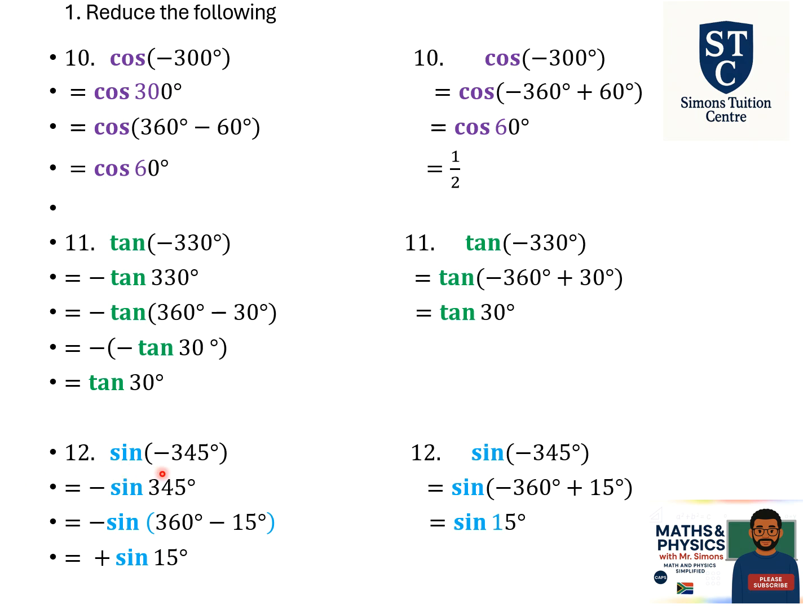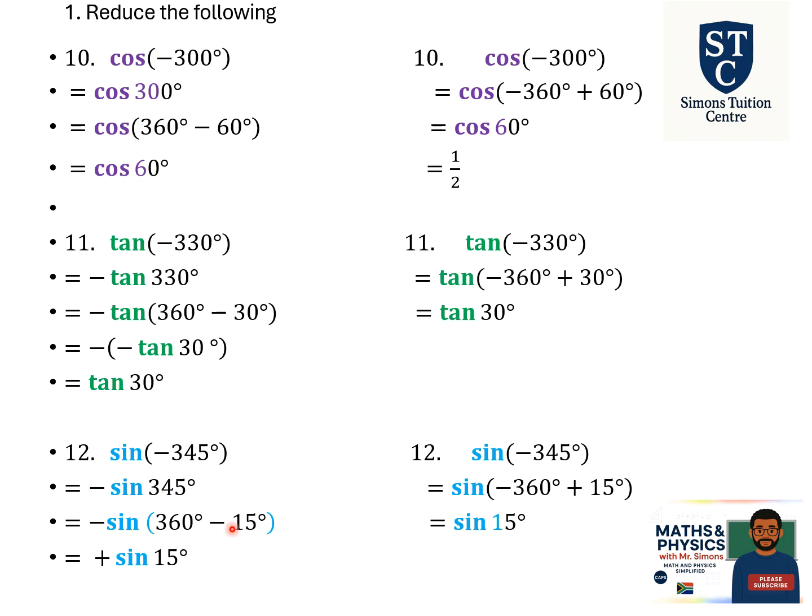Then if you have sine negative 345 degrees, take the negative angle in the fourth quadrant, take out the negative, as in the fourth quadrant sine is negative. It becomes negative sine 345, so negative sine of 360 minus 15 degrees gives me 345.